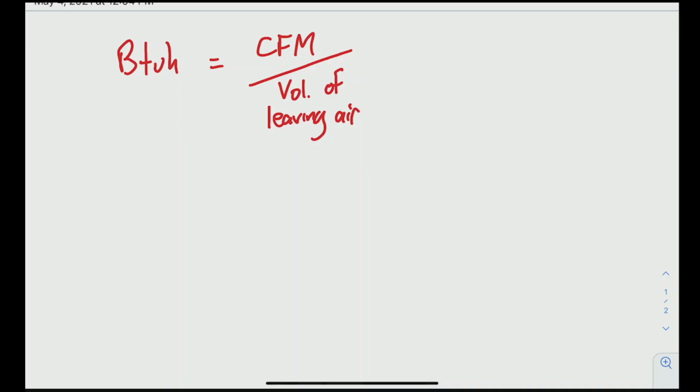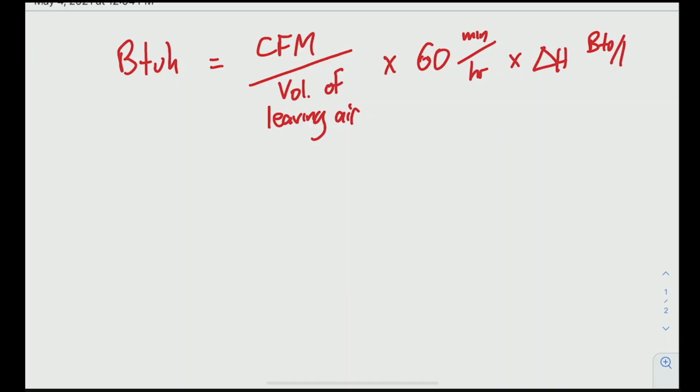And we're going to have this in terms of BTUs per hour, and that means we have to get rid of this cubic feet per minute and have it converted into cubic feet per hour. So we're going to multiply by 60 minutes per hour. And then of course we got to multiply by our change in enthalpy, our delta H, which is in units of BTUs per pound.